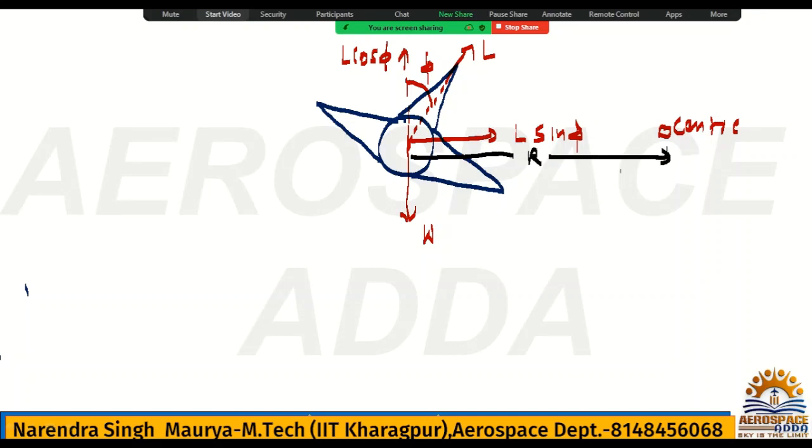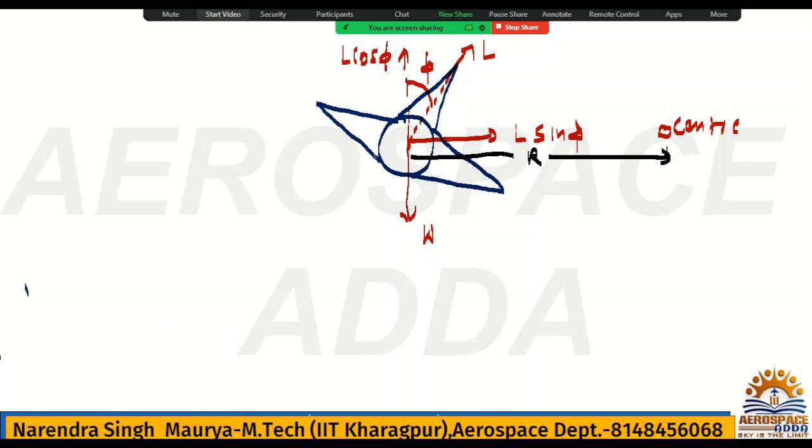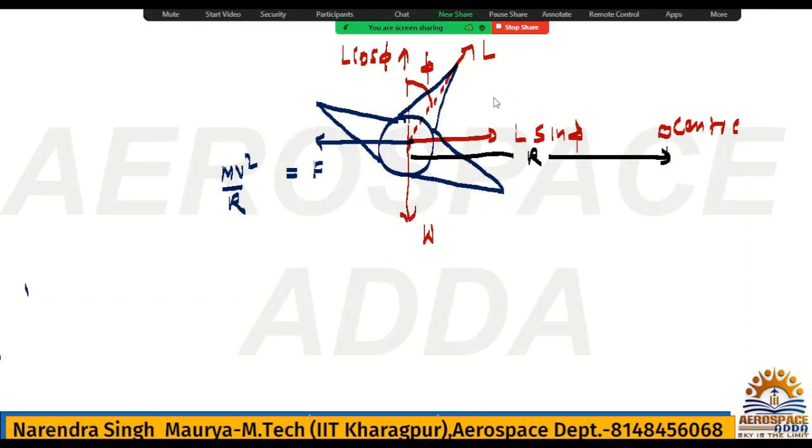Hope you understand. Because turning flight is part of circular motion, on this side, away from the center, we will have a centrifugal force F, and this value is nothing but, as you know very well, mv square by R. We use mass because kg they have given.